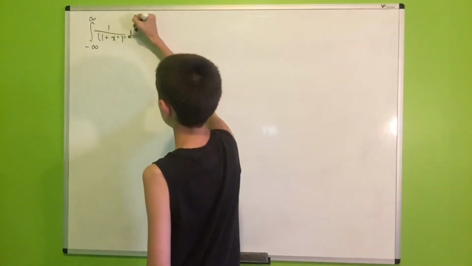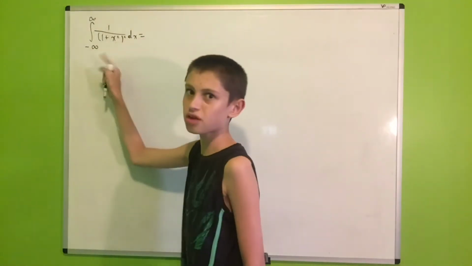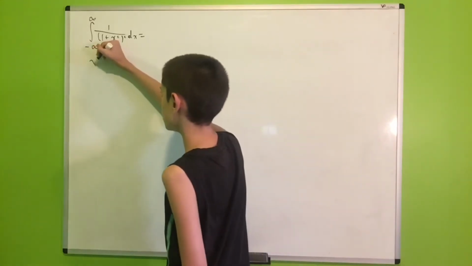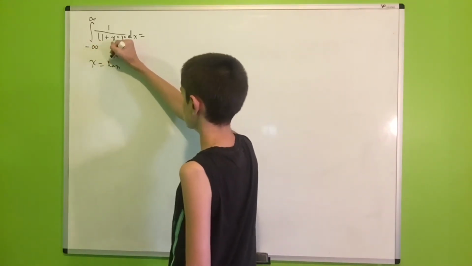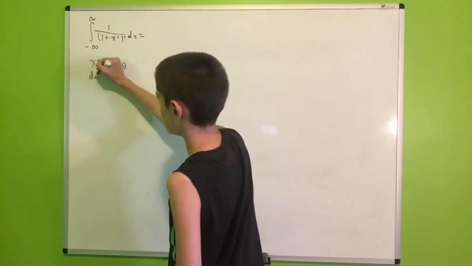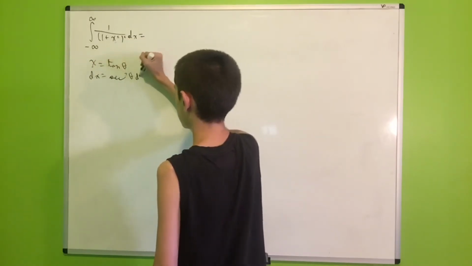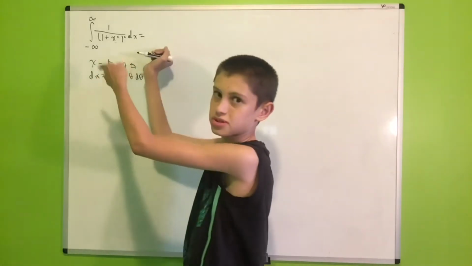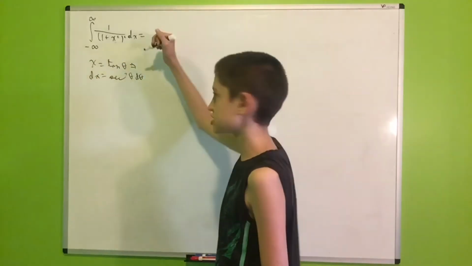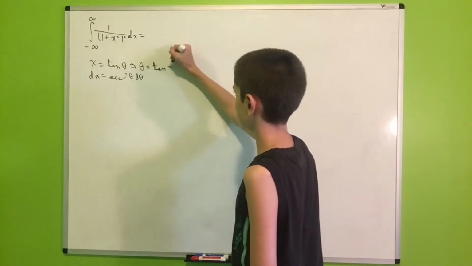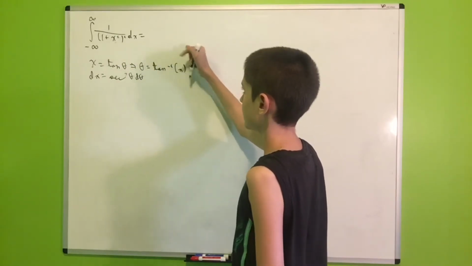with respect to x. So now, to solve this integral, I would like to use a trig substitution, namely, let x equal tangent theta, which means dx will be secant squared theta d theta, and then on our substitution, taking the inverse tangent on both sides, we get theta equals arctan x.